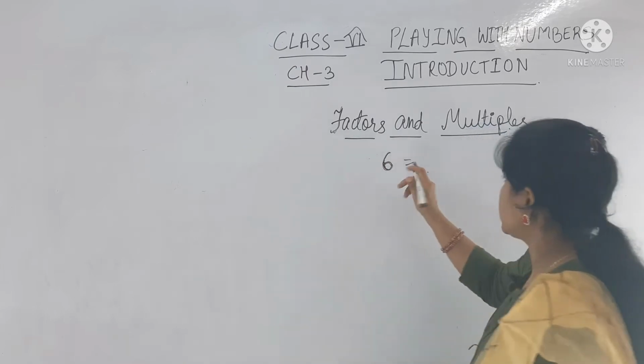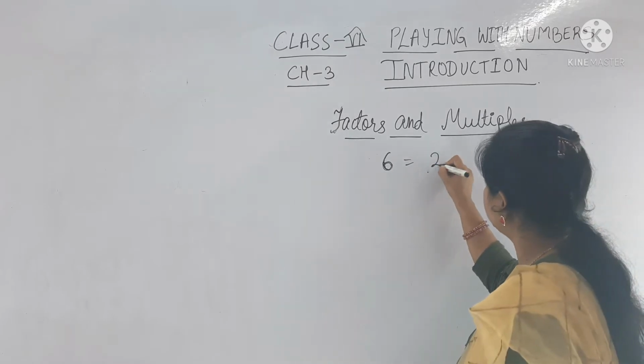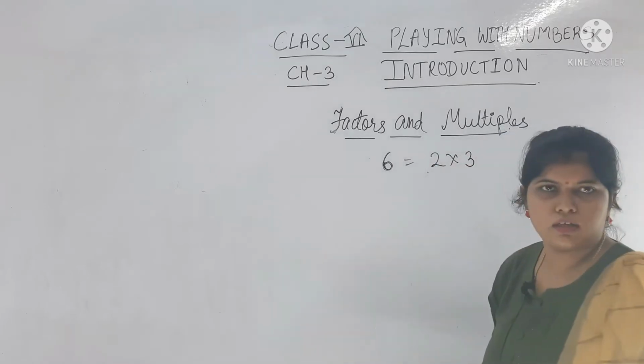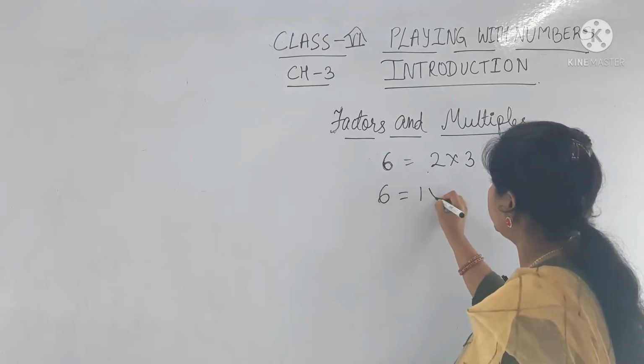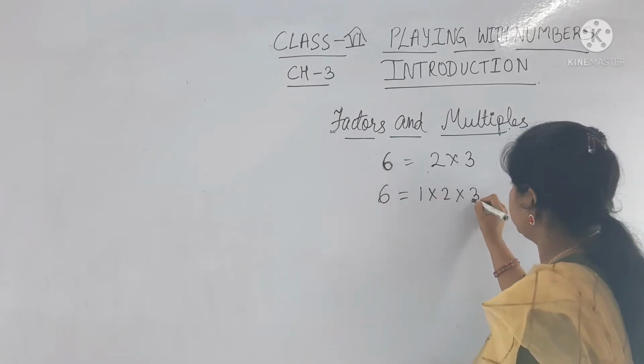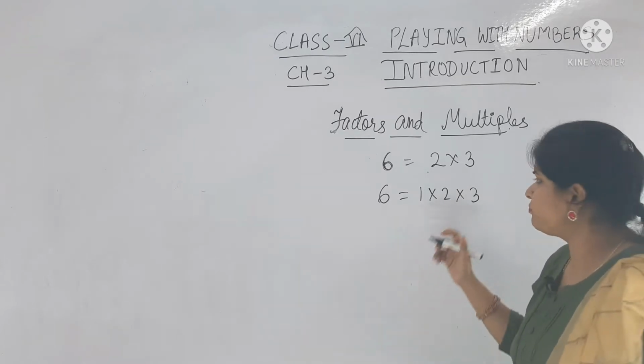6, we know, is the product of 2 into 3, right? So I can write 6 equal to 1 into 6, or 2 into 3, okay, that is the same.